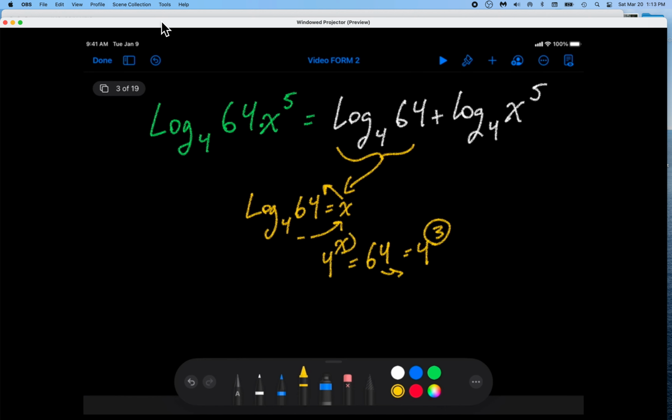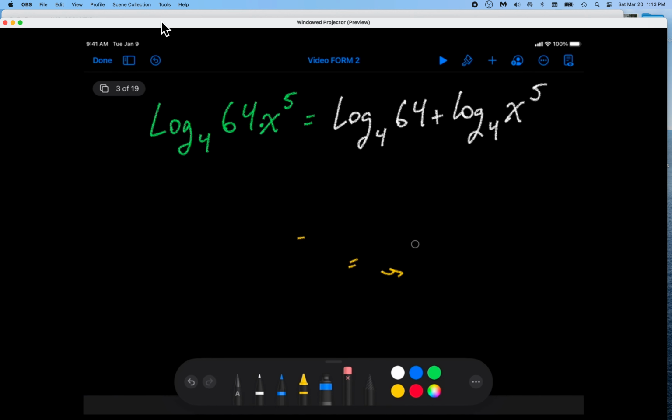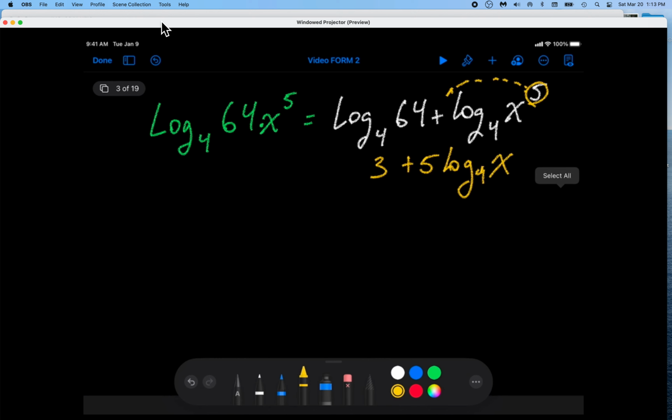Therefore, x equals 3. So I'm going to replace this log to the base 4 of 64 with 3. For this next one, I'm going to take advantage of the property that says we can bring that exponent in front of the log, like so. This is your final answer in simplified form.